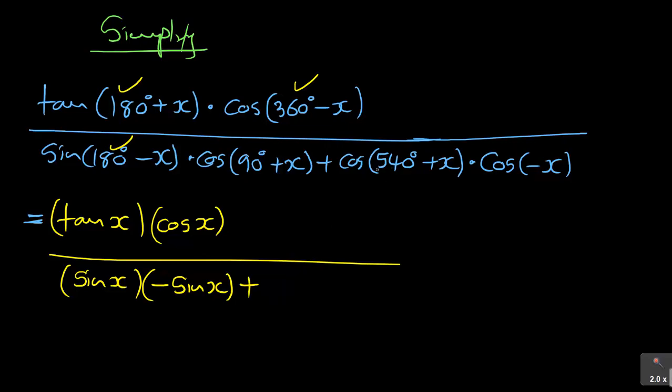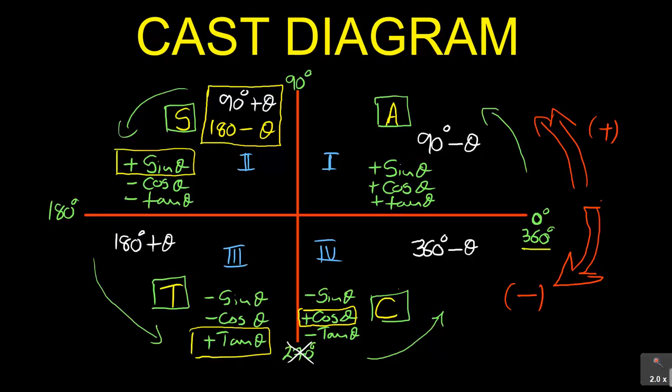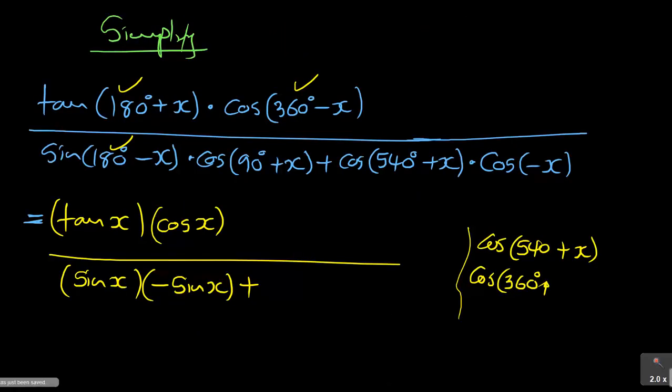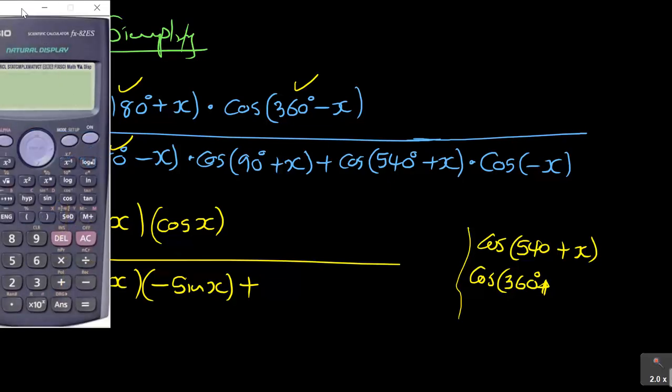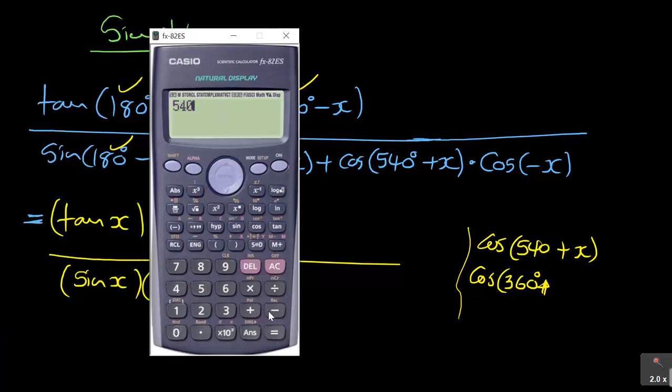Now when they say 540 plus x, just to show you something here, if they say cos 540 plus x, what you do is you are going to say cos, a full revolution is 360 degrees. Why? Because to complete a cycle is 360. So for you to do that, what you need to do is to come back here and say 360 plus, then you use a calculator to find out 540 minus 360, which is 180.